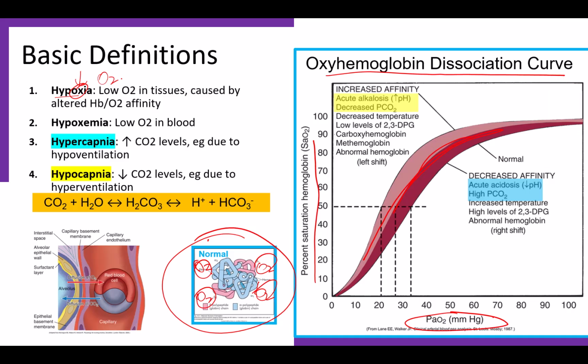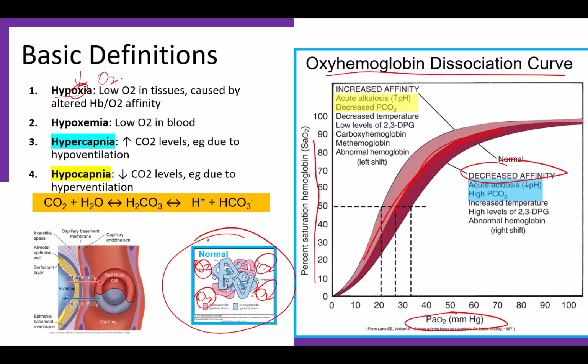What you can see here is that there's certain conditions where the bond between oxygen and hemoglobin is weaker. So decreased affinity means that the bond between oxygen and hemoglobin is weaker. So that means it's easier for oxygen to leave the hemoglobin molecule and to enter into the tissues.